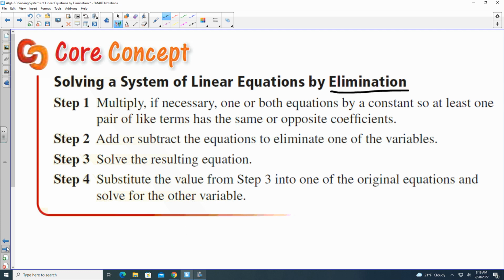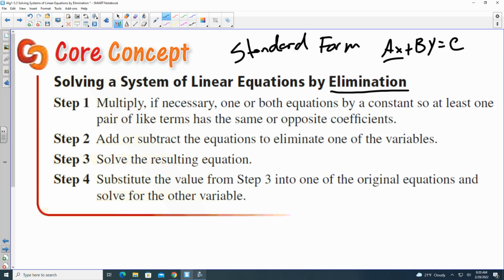Now, before you do that, I would suggest to make sure that each of the equations in the system are written in standard form. I spelled that wrong. The ax plus by equals c form.